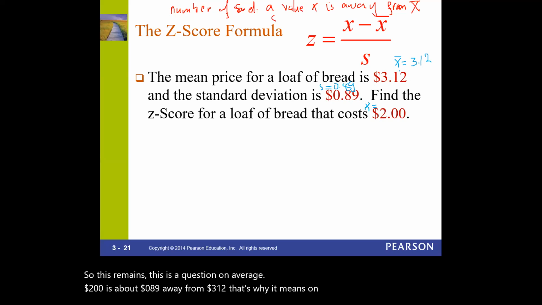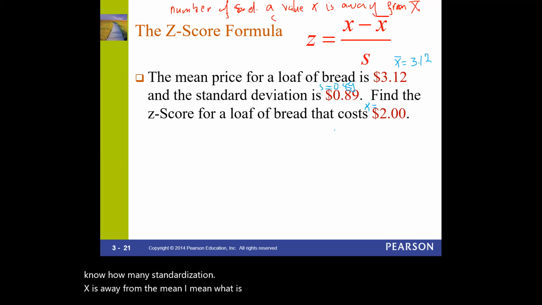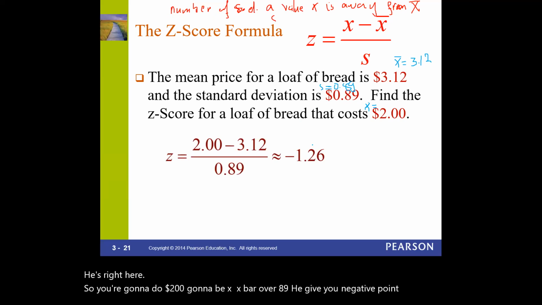But we want to know how many standard deviations x is away from the mean, I mean, what's the z-score? So what you do, you say z for the loaf. Let's just answer with the machine. You do $2, x minus x bar over 0.89, and it gives you negative 1.26. What does that mean?